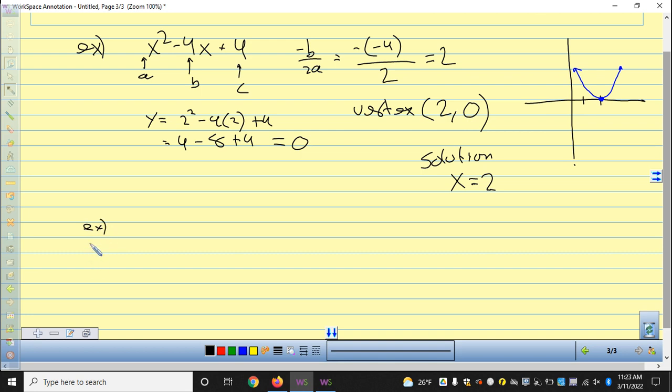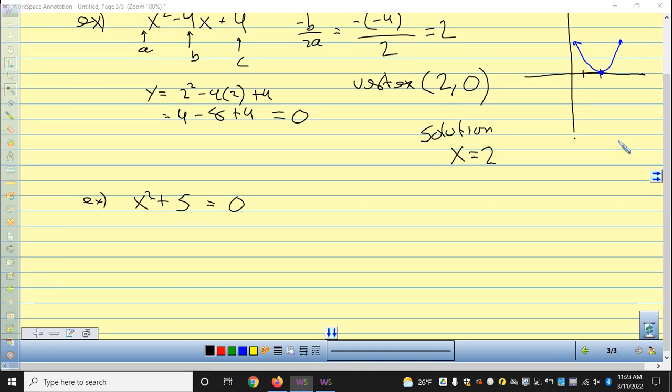Let's look at another one. x squared plus 5 equals 0. Well, let me do this. This is A. What is B? B is 0, and that's C. So negative B over 2A is negative 0 over 2, which is 0.